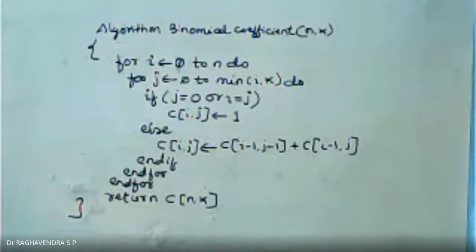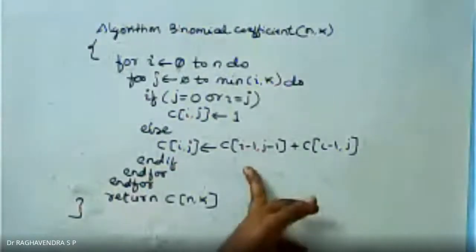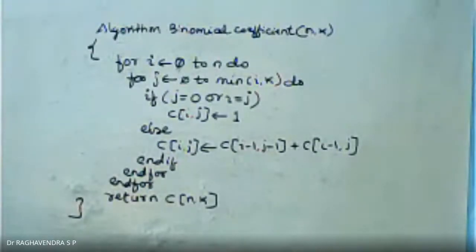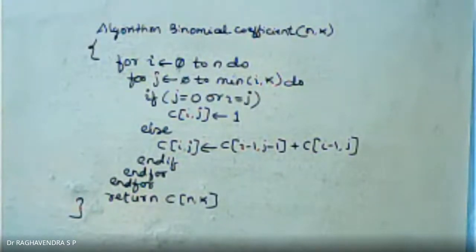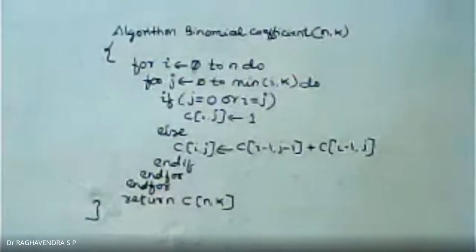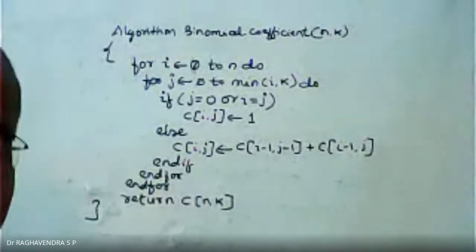Try to find out the basic operation, meaning the operation which contributes maximum towards the order of growth and which is executed the maximum number of times, present in the core part of the algorithm.